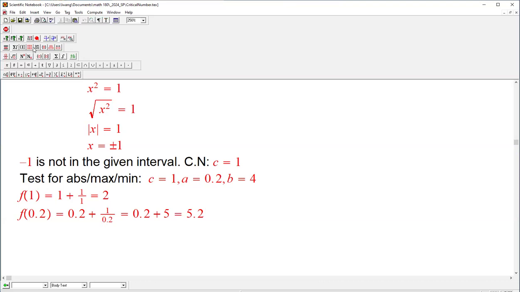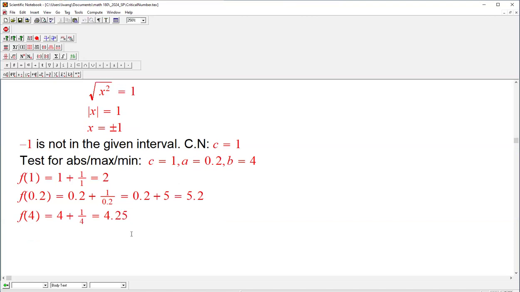The third point is 4, and replacing x by 4 we get 4.25. Among these 3 numbers, which one is the largest?